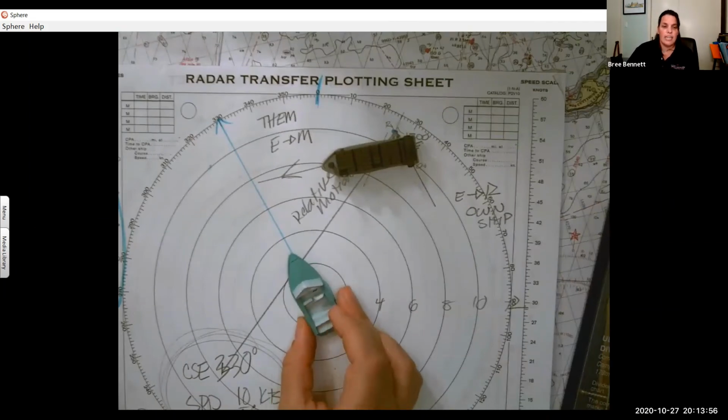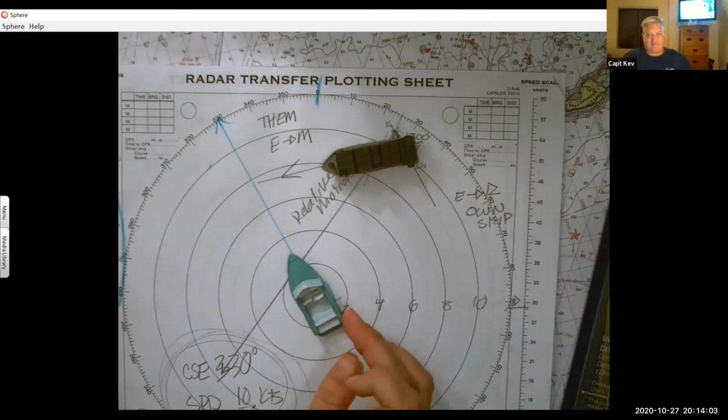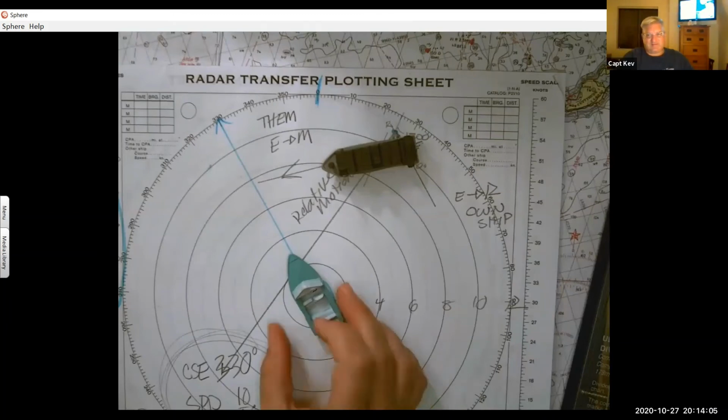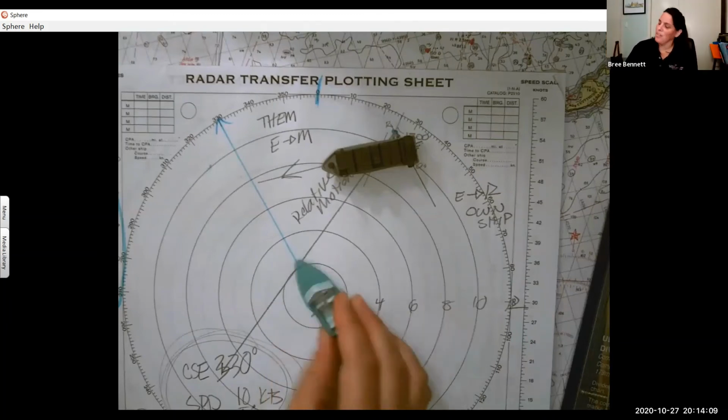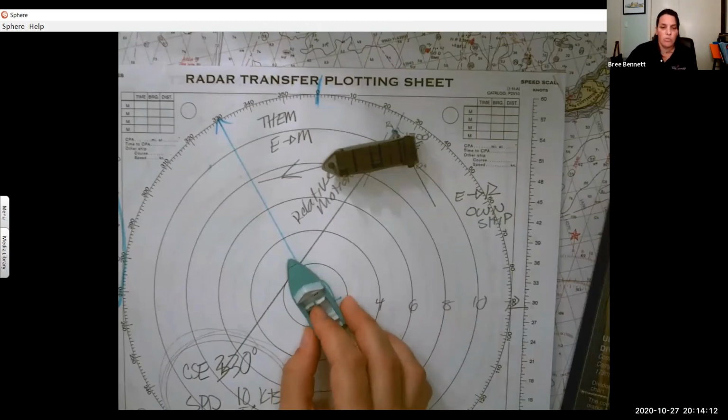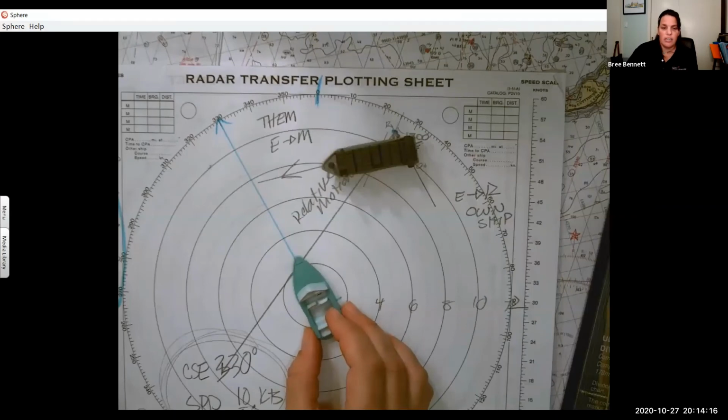Who votes that I am give way? Who votes that I am stand on? All right, we're going to get good at this, right? Does anyone remember the rule? 2 power vessels crossing. Who has the right of way?